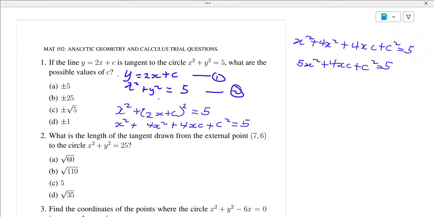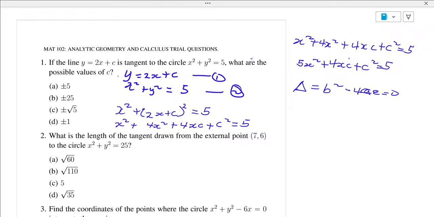Now what we have to note is that for a line to be tangent to the circle, the resulting quadratic equation must have exactly one real root, which means that the discriminant should be equal to 0. So the discriminant, b squared minus 4ac, should be equal to 0.